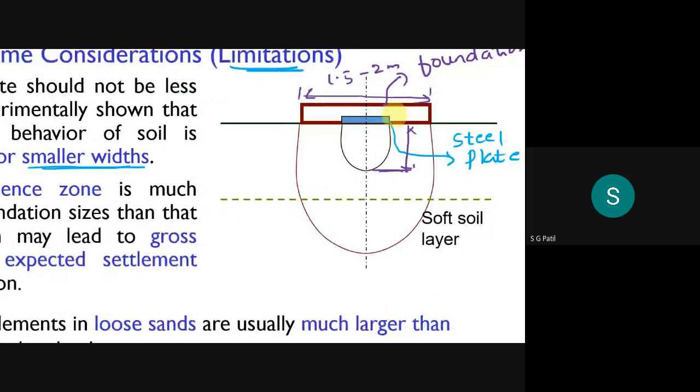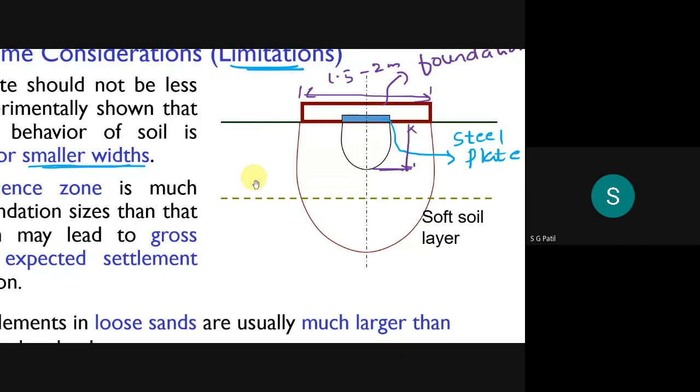See, this is a steel plate. Suppose this width is 100 centimeter, then the influence zone is almost 100 centimeter, only this much. Suppose here you have a dense soil and here you have a very loose soil. What will happen? Usually you will get a very good bearing capacity.